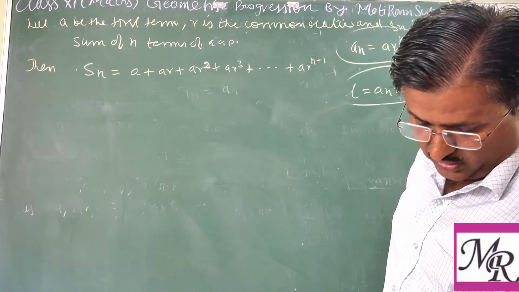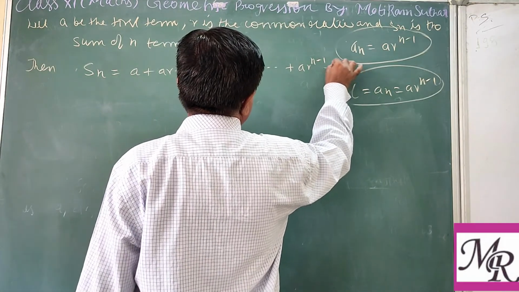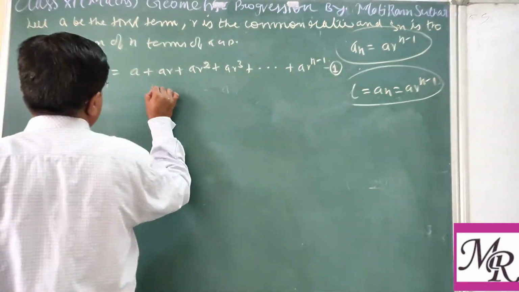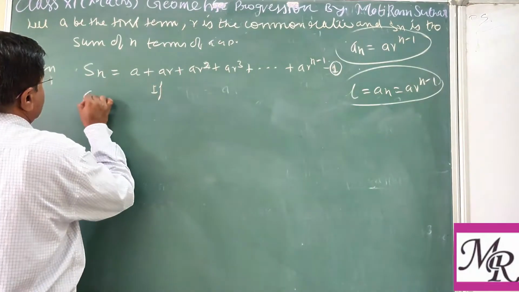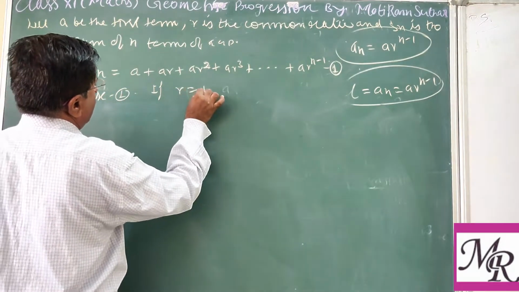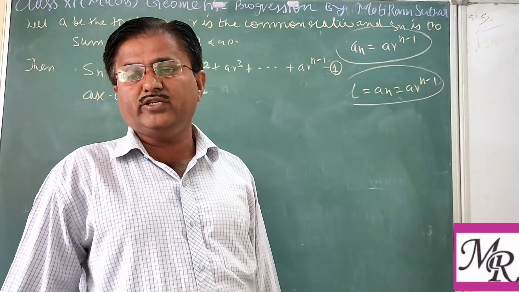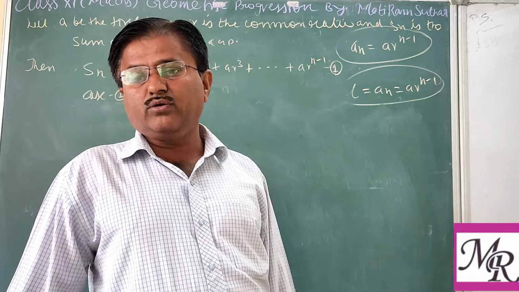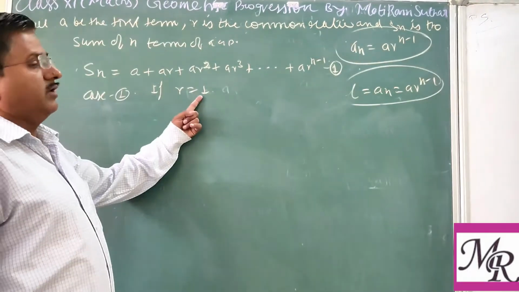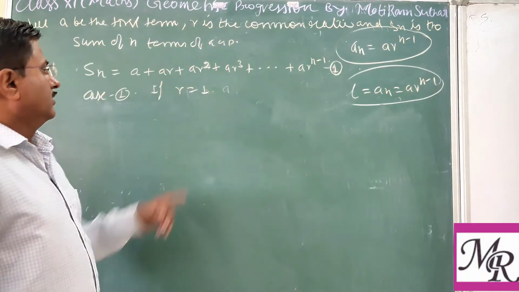Now there are two cases. Case first, if R equal to 1, R meaning the common ratio. The common ratio may be equal to 1 or not equal to 1. There are two cases. When it is equal to 1, then put it here.